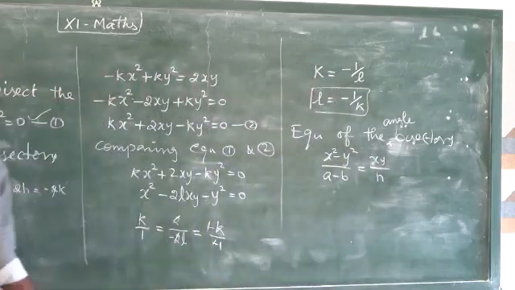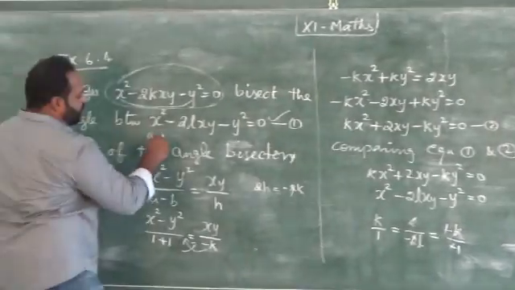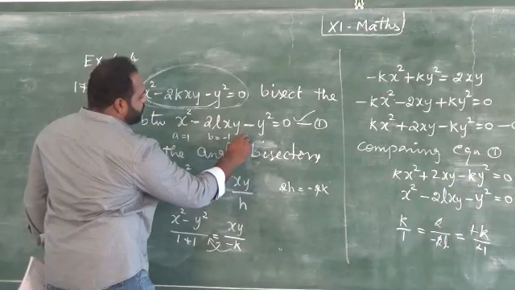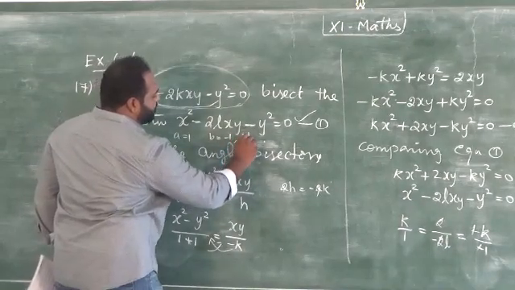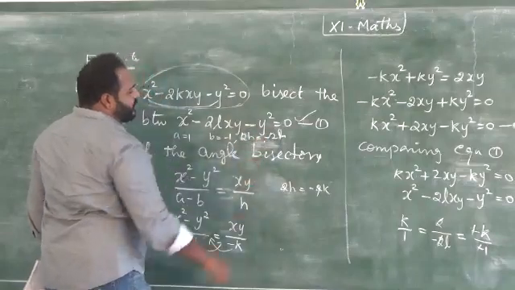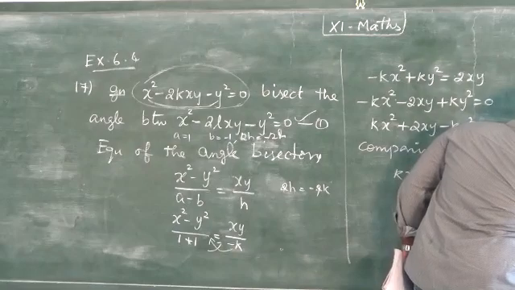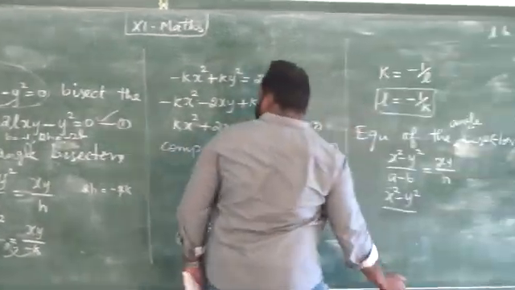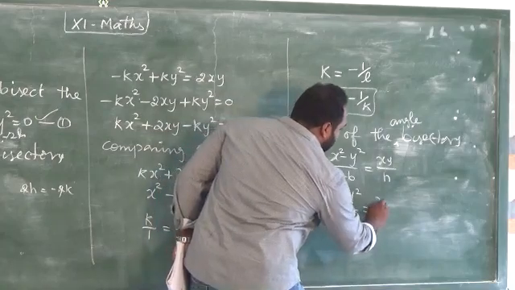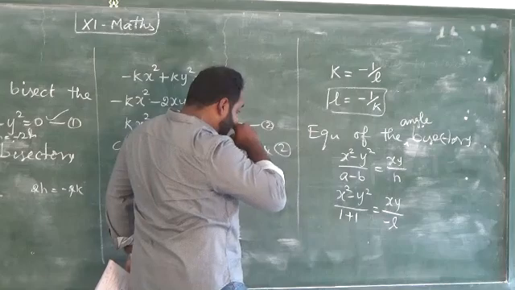From here I take the a, b and h values. a value is 1, b value is minus 1, 2h value is minus 2l, the 2 cancels, so h is minus l. So (x square minus y square) by (1 minus minus 1, which becomes plus 1) equal to xy by minus l. Just cross multiply.